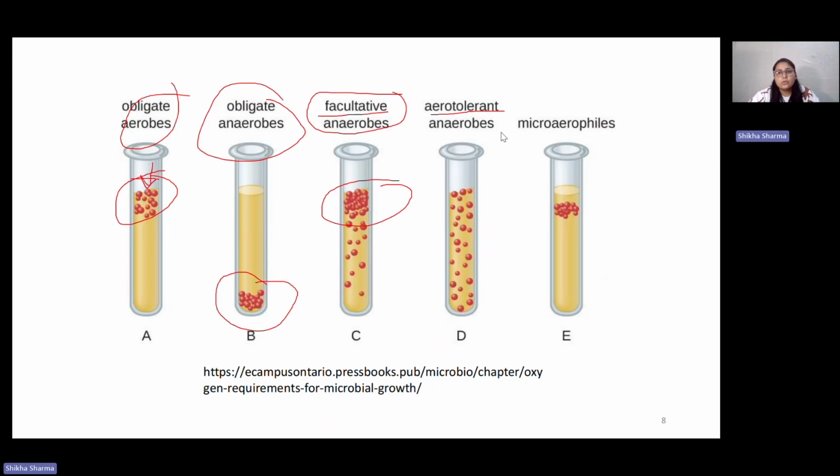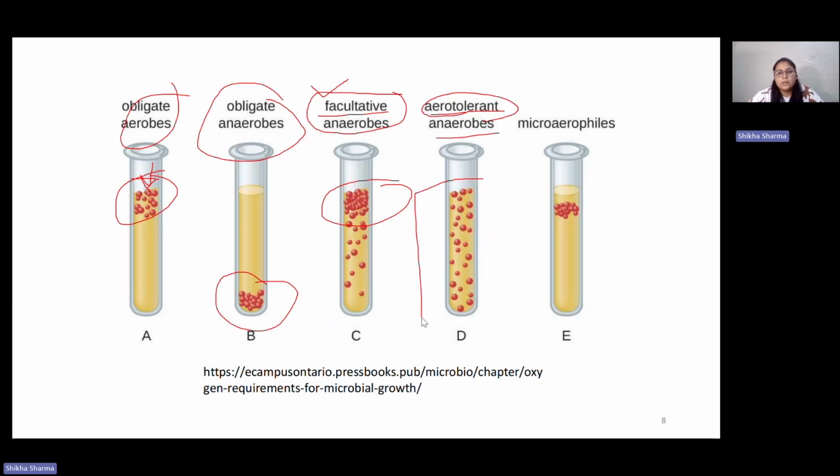Then aerotolerant anaerobes. Facultative anaerobes are the ones which can survive with more oxygen, and they can grow well in the oxygen atmosphere. But aerotolerant anaerobes are the ones which can tolerate oxygen.